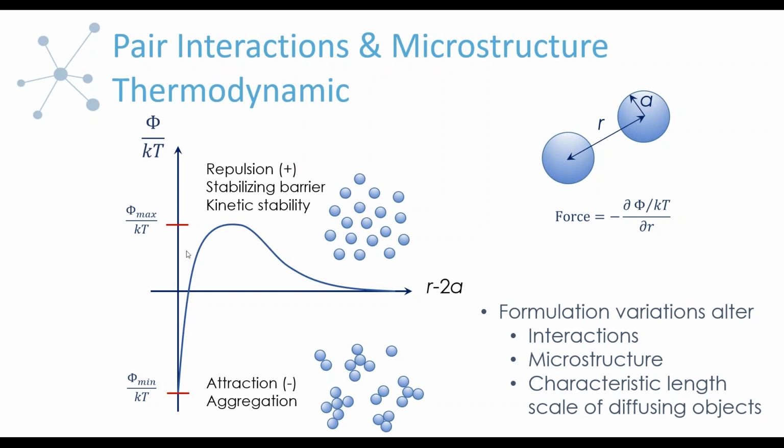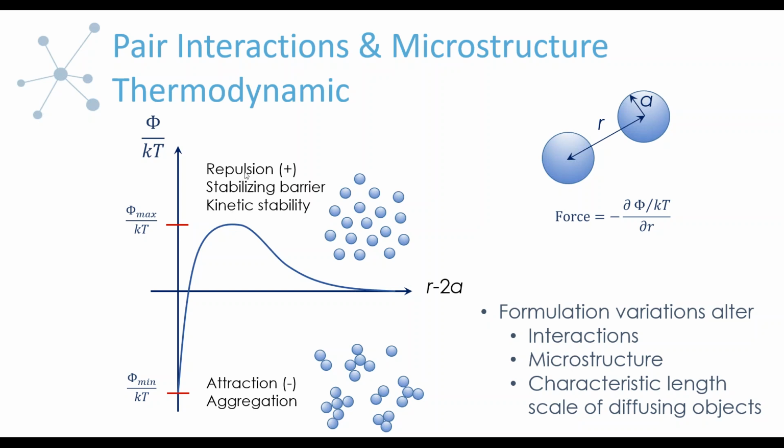But what we know then is that when we look at interaction potentials between proteins, we can have what are referred to as repulsions, and these are going to be positive in sign. And then we can also have attractions, which will be negative.